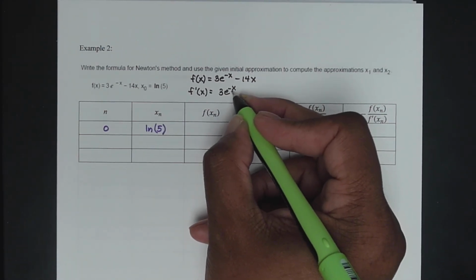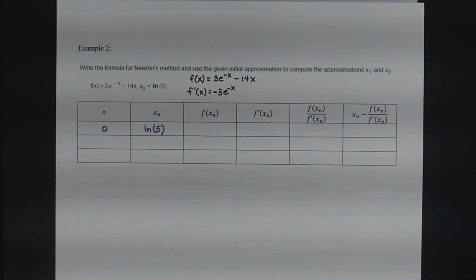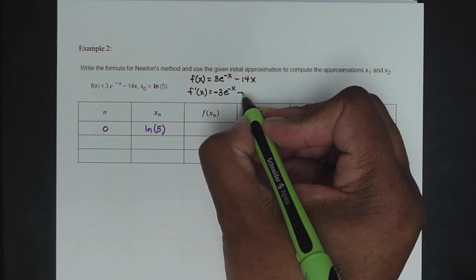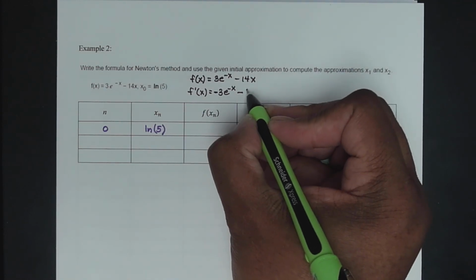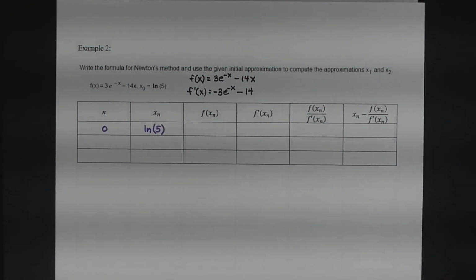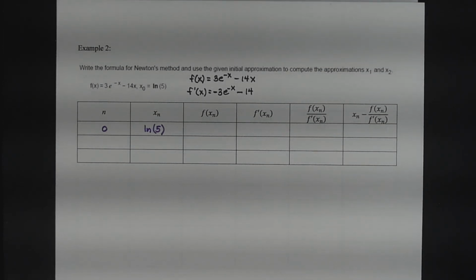The derivative of negative x will be negative 1. And I'm going to put the negative sign in front. So it'll be negative 3e to the negative x. And then minus the derivative of 14x would just be 14. Okay? So that's what f prime of x is going to be.